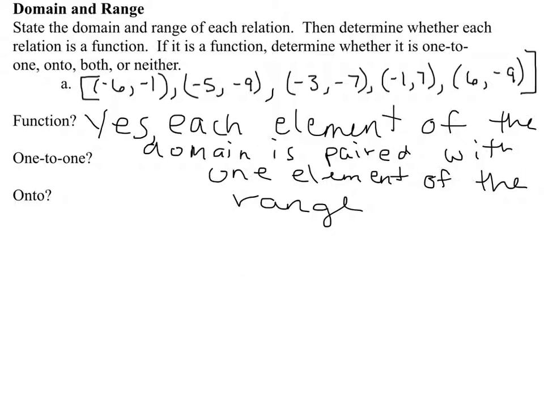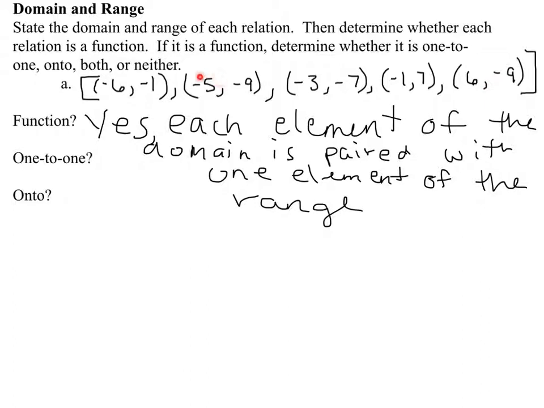Alright, now we want to decide if it's one-to-one. What we're going to do for that is see if the range is unique. Pretty much what we're looking for is if the range repeats, if the y values repeat, do they go to different x values? In this case, we have a -9 here, and we also have a -9 down here. Those are our only y values that repeat.